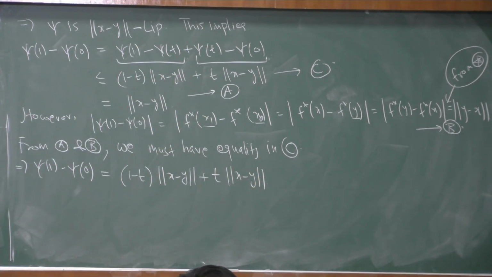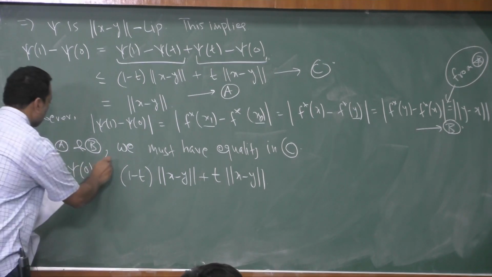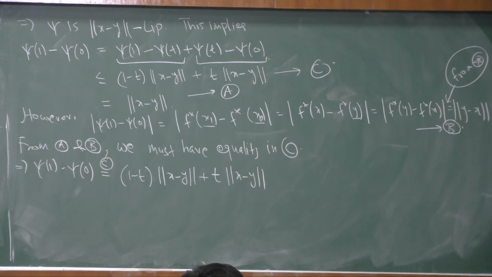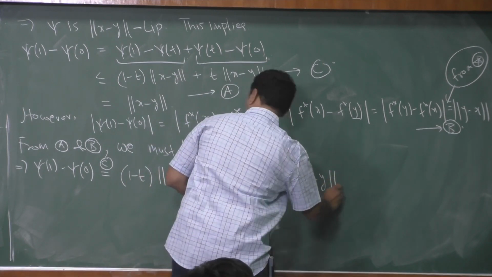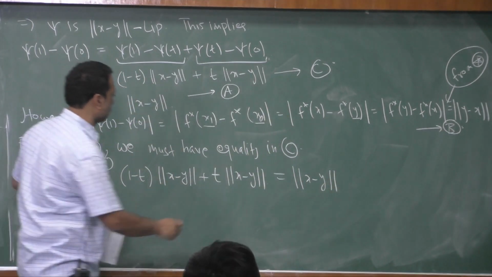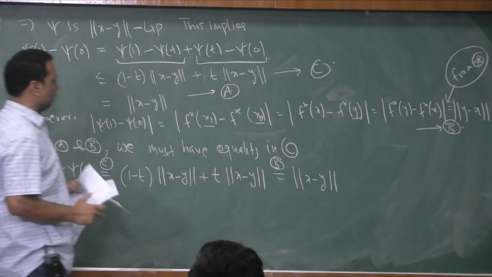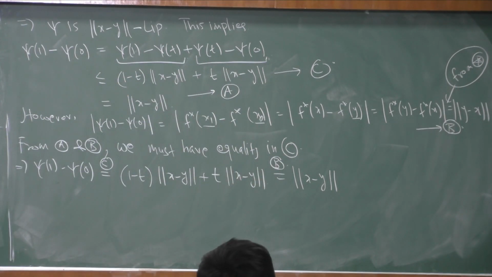That's coming from C. And this itself is norm x minus y, because psi 1 minus psi 0 is norm x minus y, and this is coming from B. So we can look at the last equality and maybe solve for that.